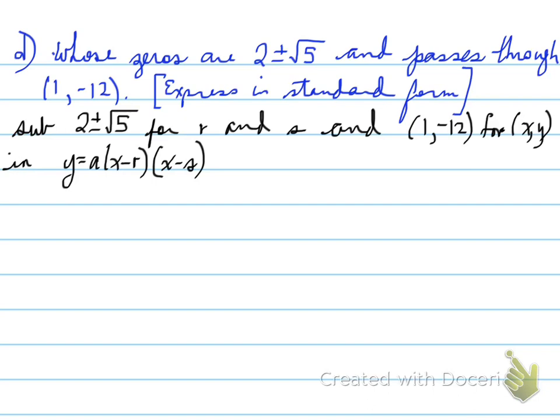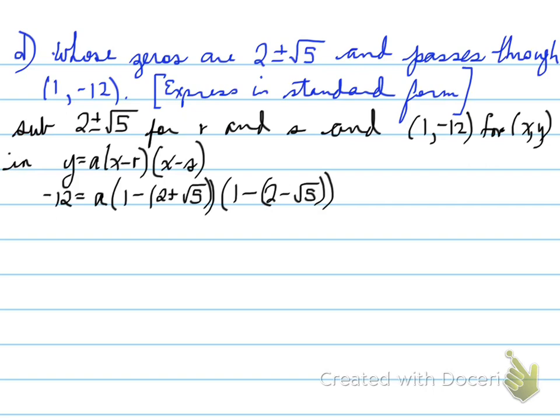We plug it in and we get -12 is equal to a times (1 minus (2 plus √5)) times (1 minus (2 minus √5)).